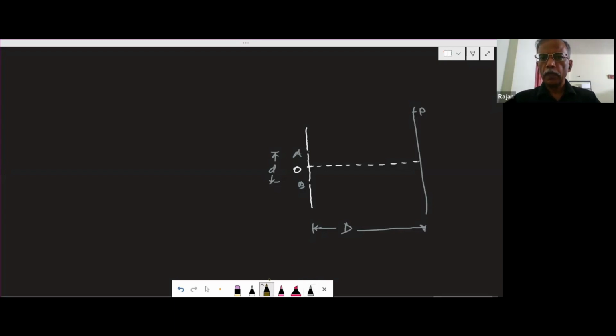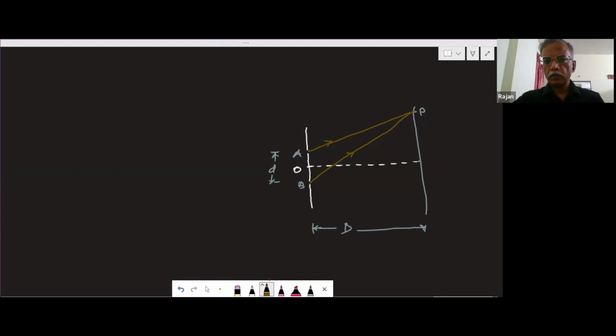For that, the ray arriving at P from A and the ray arriving at P from B. That will be taken. Clear what I said?